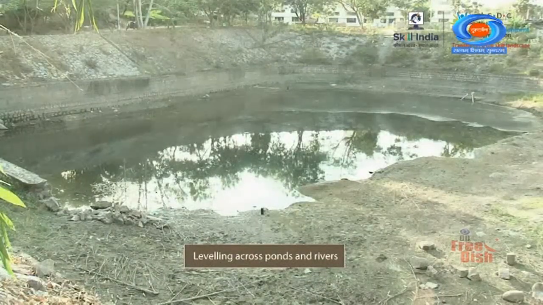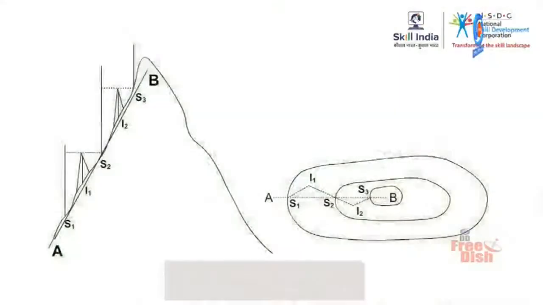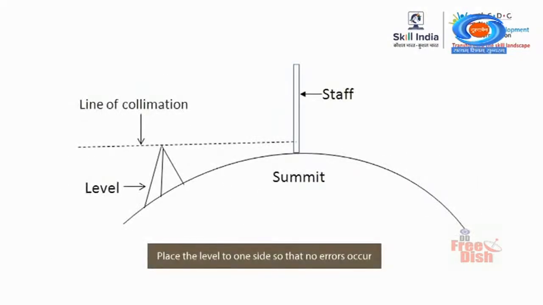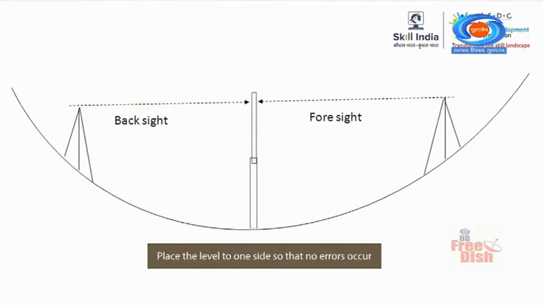To overcome the problem of leveling on steep slope, set the level in a zigzag route so that you can get equal backside and foresight distance. To solve the problems of leveling on summits and hollows, place the level to one side so that no instrumental errors occur and the line of foresights and backsides is maintained.